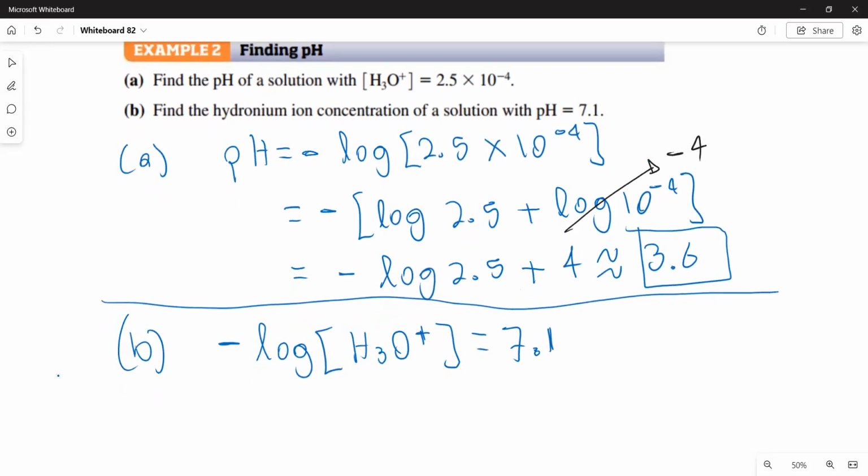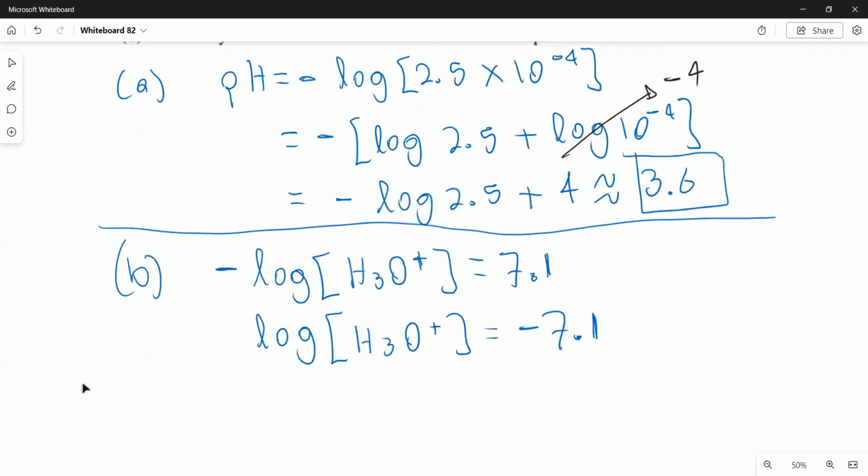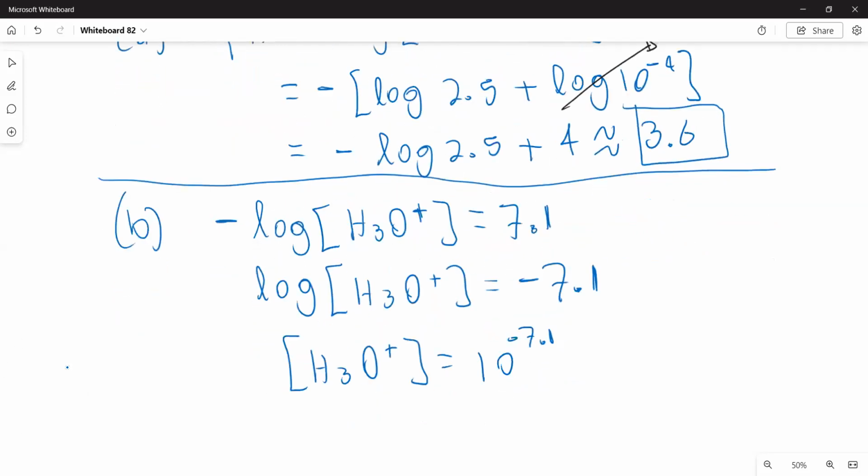Okay. So this means that logarithm of H3O plus is equal to negative 7.1. But logarithm is a logarithm with base 10. This means that H3O plus is 10 raised to the negative 7.1 using the definition of logarithm. And that's going to be a number in scientific notation.